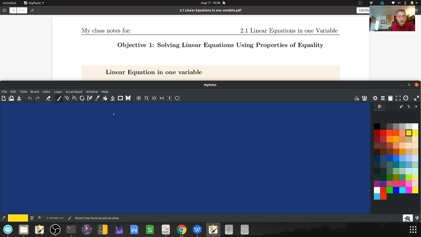But in our case, a linear equation in one variable is going to have the form ax plus b is equal to c, where a, b, and c are real numbers.